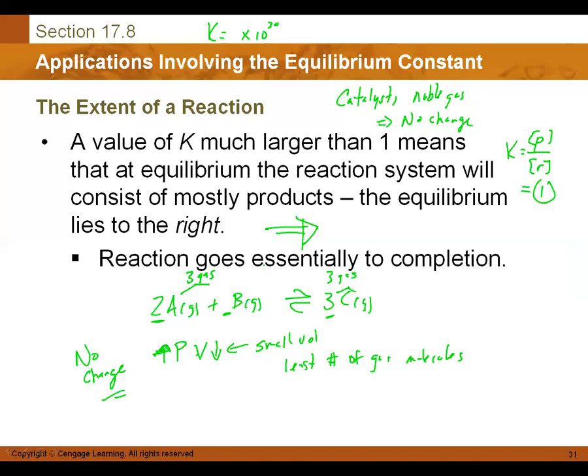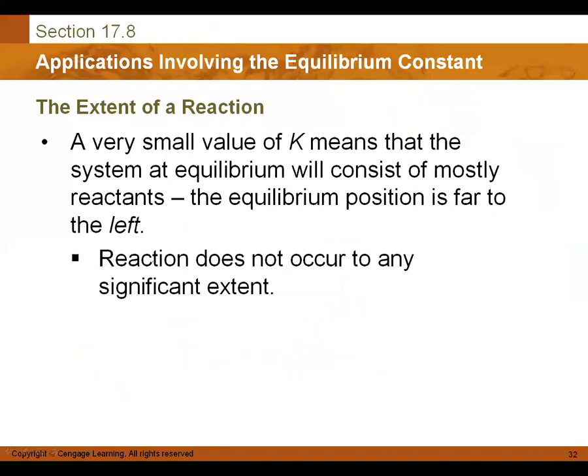It may just mean that the concentrations on the left-hand side, the reactant side, are like times 10 to the minus 18, barely anything there, but there's still technically something there. And as we also talked about, if we have a small value, what that means is that at equilibrium we would mainly have reactants, for the same reason.